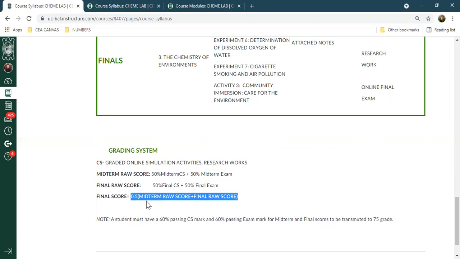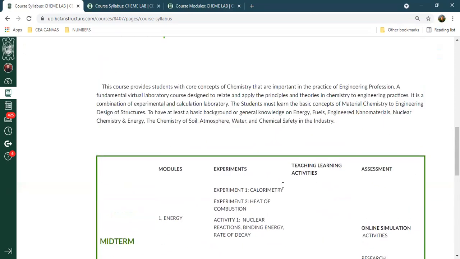Below 60, say for example 57, 58, 59, the transmuted equivalent grade for a final score in the range 57 to 59.9 is 74. So automatically you will be marked incomplete. You have to retake the part of the activity or exam you failed until you pass this course.